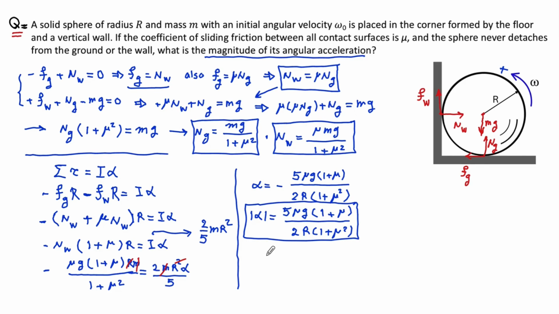But in case someone asks you, how long does it take until this sphere comes to rest? We can find it as well. So to find that time, we can say that when it comes to rest, first of all, the equation is omega minus omega naught equals alpha t, right?